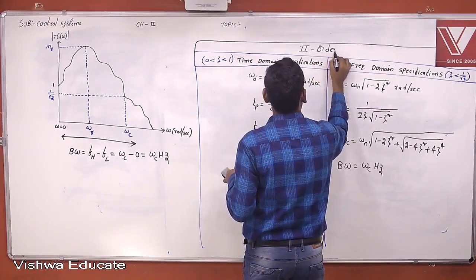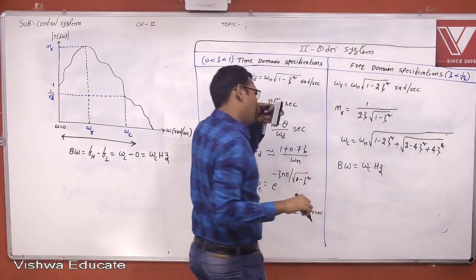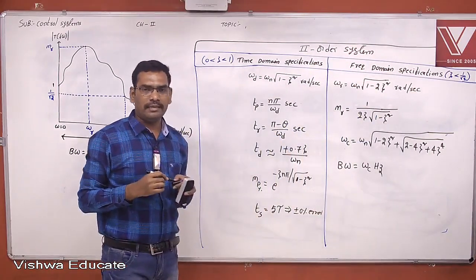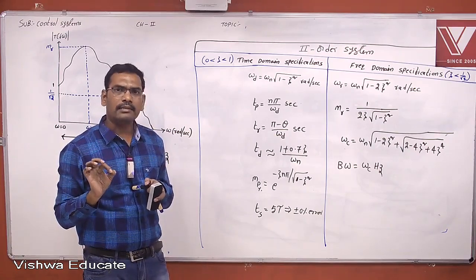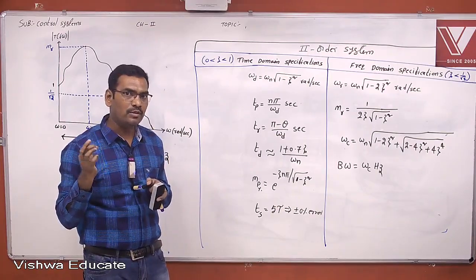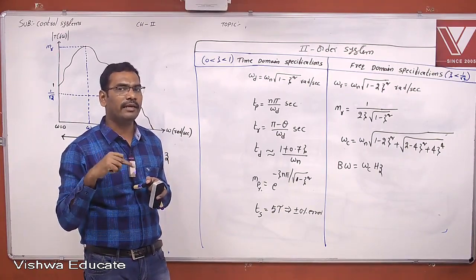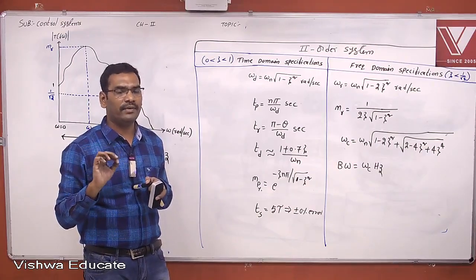So in the examinations you should take care what he is asking: frequency domain specification or time domain specification, resonant frequency or resonant peak, resonant frequency or damped frequency of oscillation.